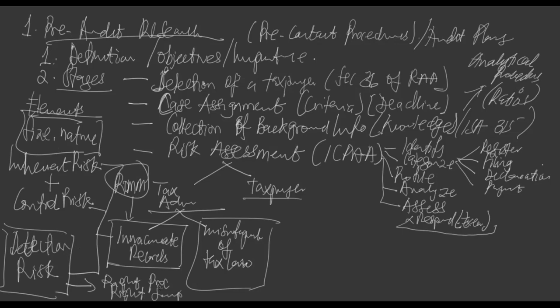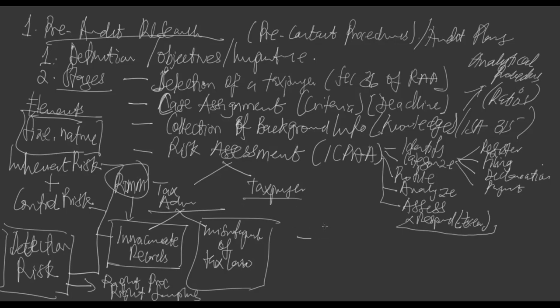You need to do sampling. So basically, audit risk is about this. In your tax audit exam, these are the things audit risk will cover, and you need to know it very well.